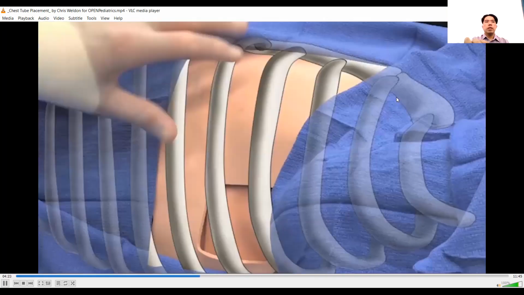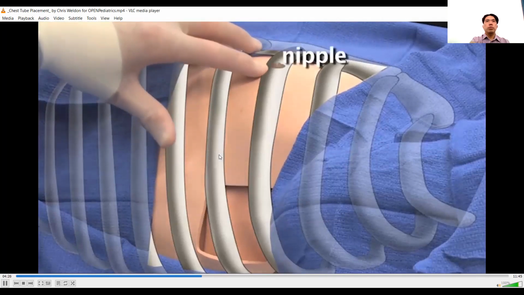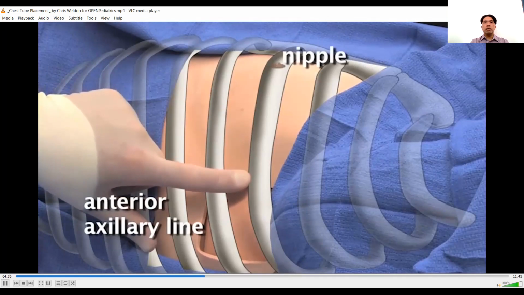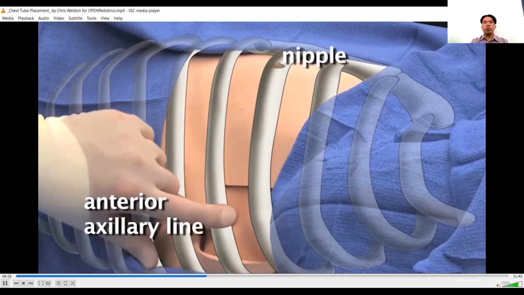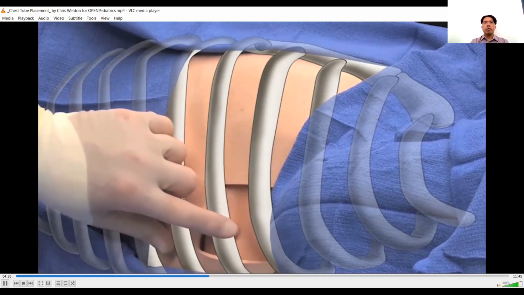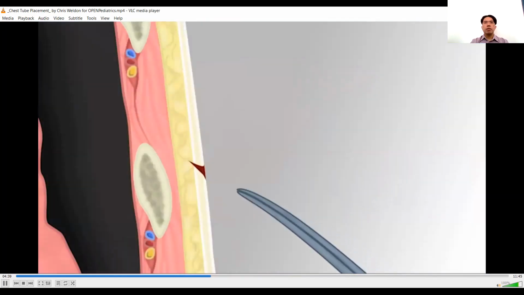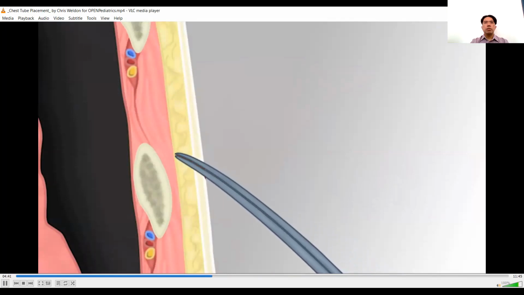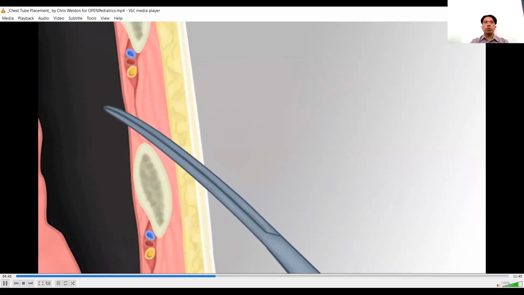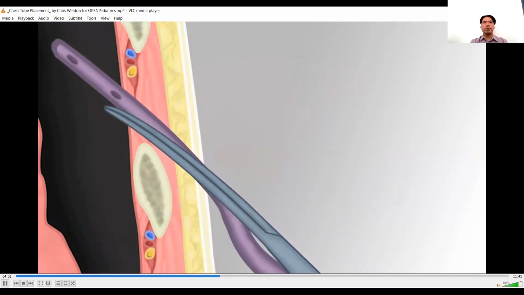As he's narrating, you should be able to delineate the anatomic landmarks. This is performed under IV sedation, so the patient is actually on anesthesia already. The cross section shows you that the dissection goes into the pleural space, and it's superior to the rib.